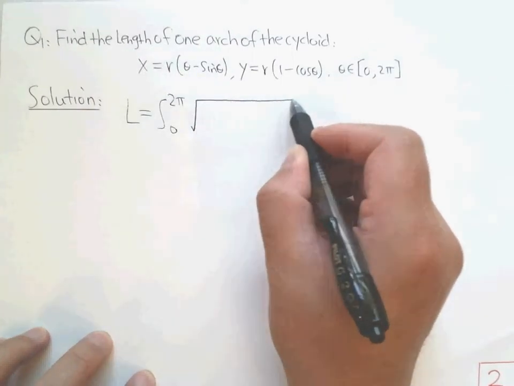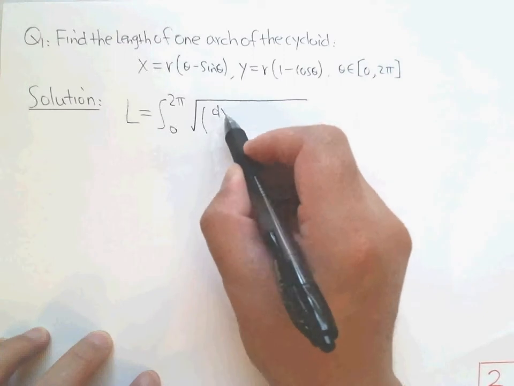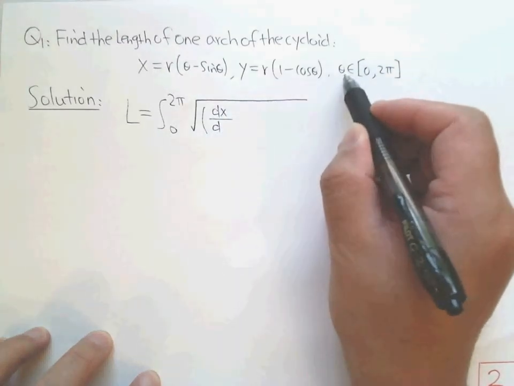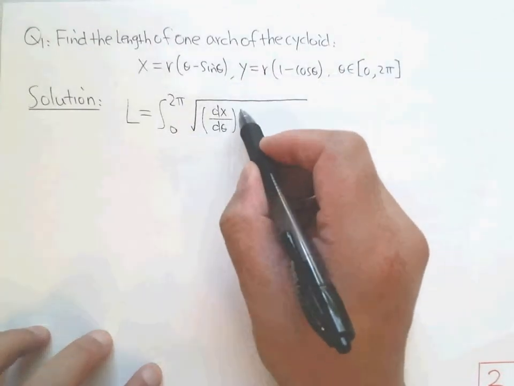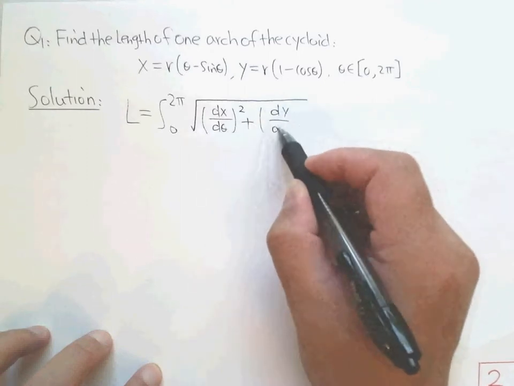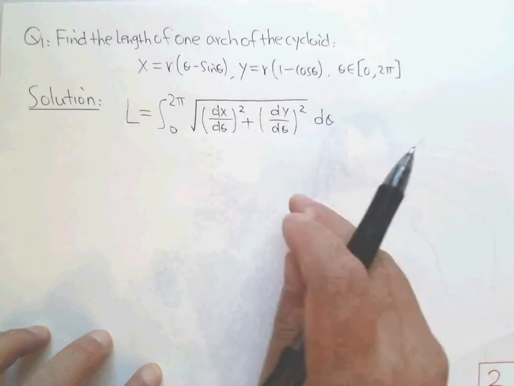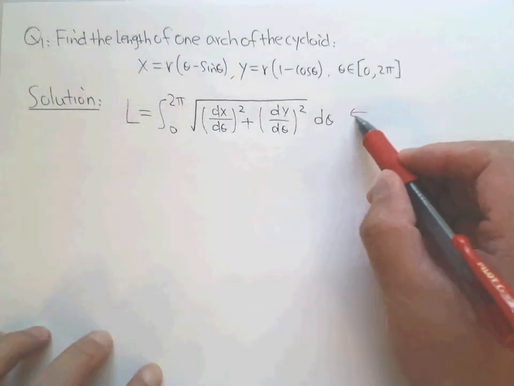So we go to dx over d, and t is not the parameter. The parameter is theta, so d theta, and the square plus dy d theta square, times d theta. See, that's ds. That's the simple formula for us.